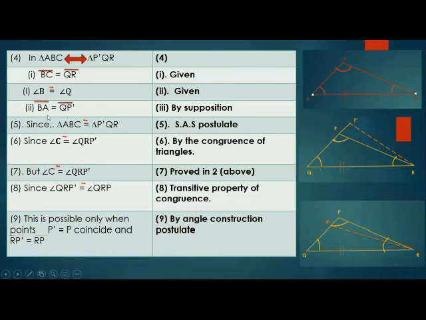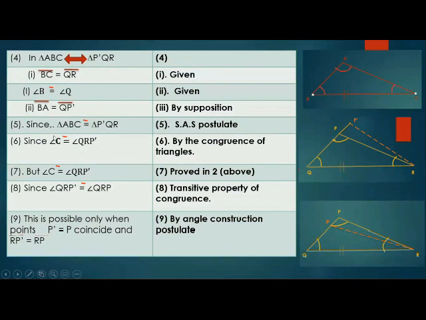Now comparing triangle ABC with triangle P complement QR. In P complement QR, BC is congruent to QR, which was given, and angle B is congruent to angle Q, which is also given. But by supposition, BA is not congruent to PQ, but it is congruent to QP complement.